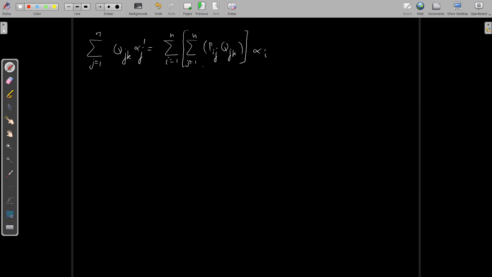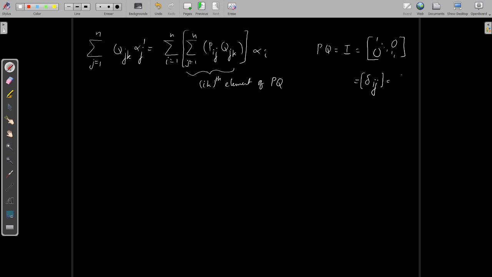This is the i k th element of the matrix PQ. The matrix PQ is nothing but the identity matrix. The identity matrix has 1 on the diagonal and the other entries are 0. Or you can write it as delta i j.